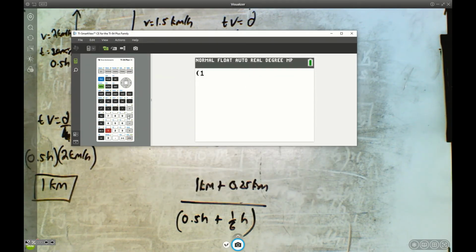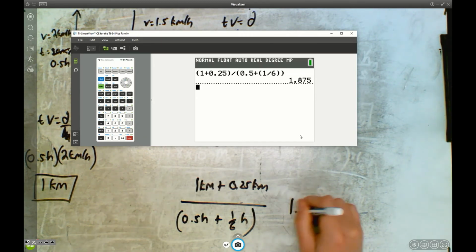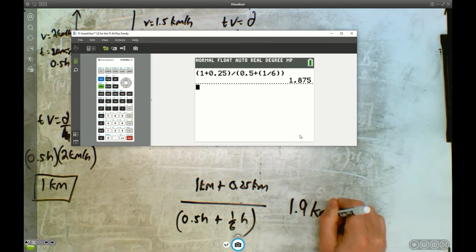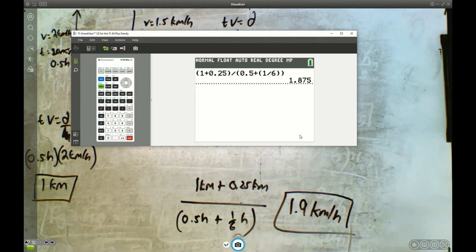I go 1 plus 0.25 on top, put that in brackets, and then on the bottom, I go 1/2 plus 1/6. Put that 1/6 in its own brackets there, and I get 1.875. I have 2 sig digs, so my answer would be 1.9 kilometers per hour would be my average speed.